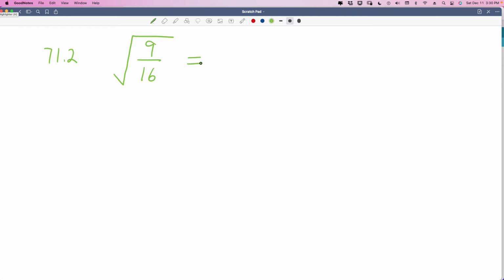So this can equal the square root of 9 over the square root of 16. That makes it a little bit easier to see what you're doing, and you're still treating it like a fraction. So the square root of 9 is 3, because 3 times 3 is 9. And the square root of 16 is 4, because 4 times 4 is 16. So if you have a hard time envisioning how to break down a fraction, simply break it into its own root and put it in fraction form.